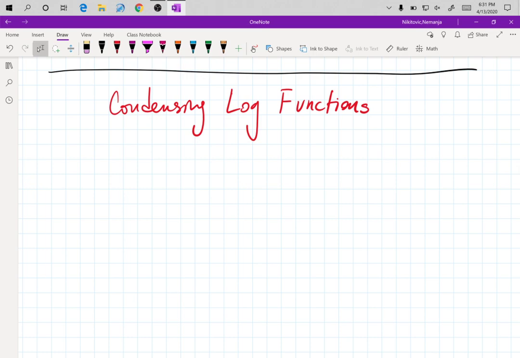if you don't know how to condense the logs, you won't be able to do the next section. Next section, 3.4, right, needs this. So, needed for 3.4. And calc as well. But next section and the following one actually are both about solving logarithmic and exponential equations.